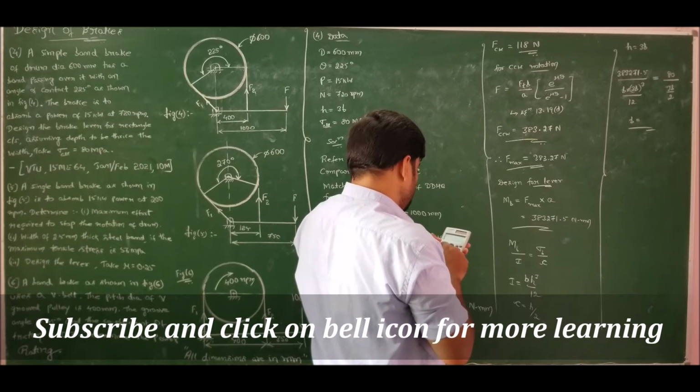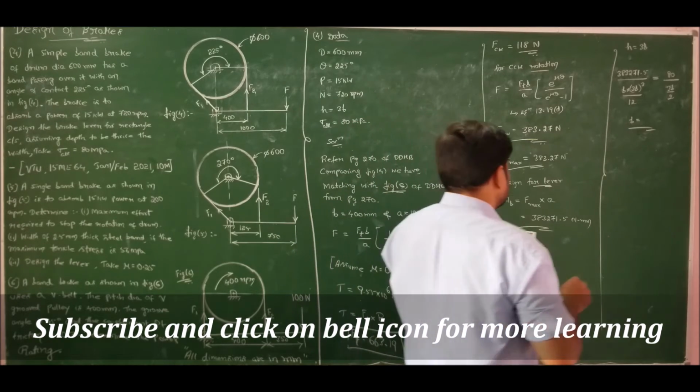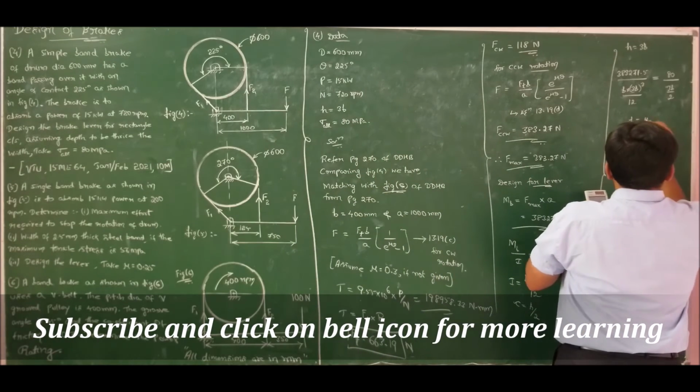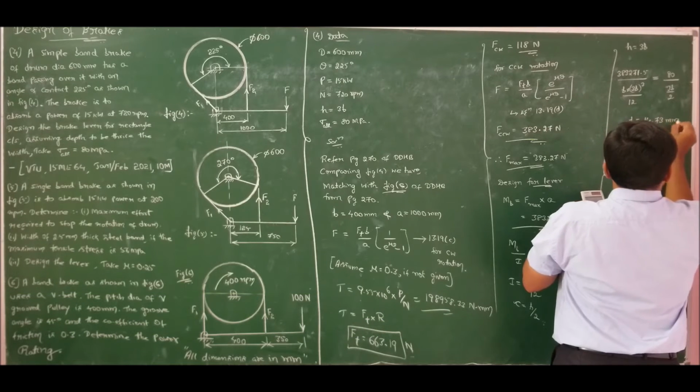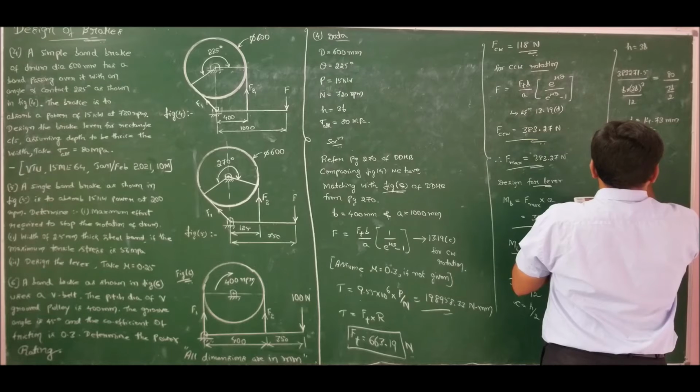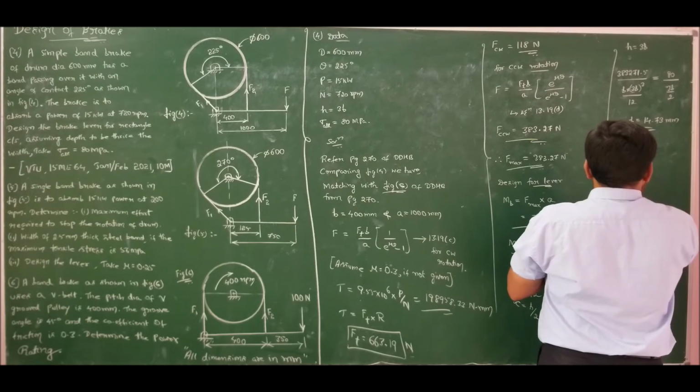So hence the cube root of this gives us the answer. So b is turning out to be 14.73 mm.